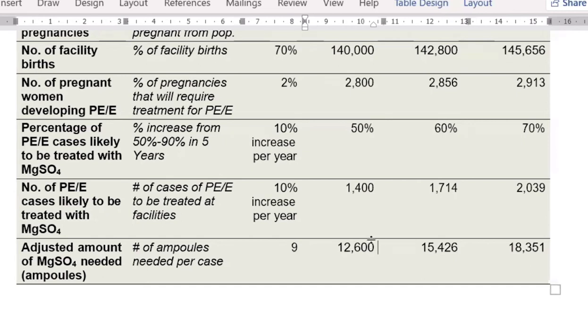For example, if you find your figure to be 12,600 and the supplier tells you that the packs I have come in 100, right? You have to divide by 100, like this. So it means you're only going to order 126 cartons or packs. Is that clear now?